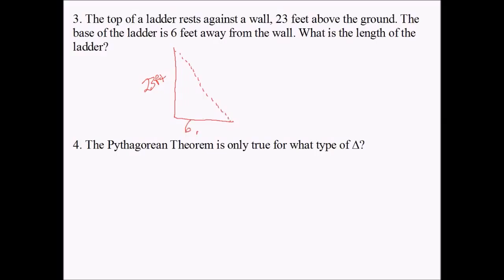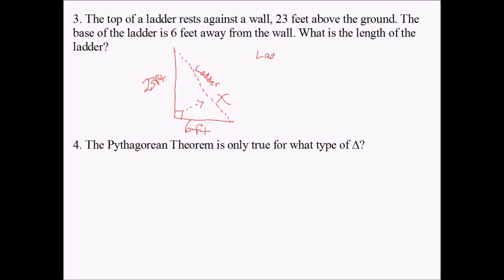Okay, so we know that this is 6 feet, and we want to know what the ladder is. So this is the ladder right here. Let's call this the ladder. And we want to know how long the ladder is. So that's going to be x. Well, if this is your right angle, this has to be your hypotenuse.